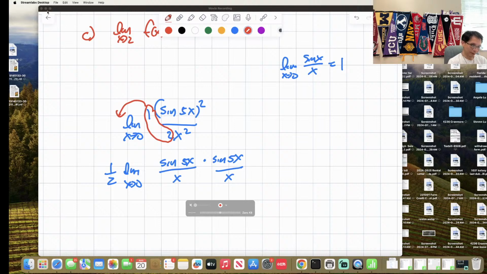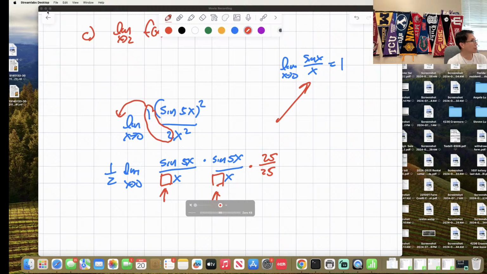Okay. So what do I do to make this true? This needs to be what? 5. This also needs to be 5. However, I cannot just multiply by 1 over 25. I can multiply by 25 over 25, because 25 over 25 is 1.